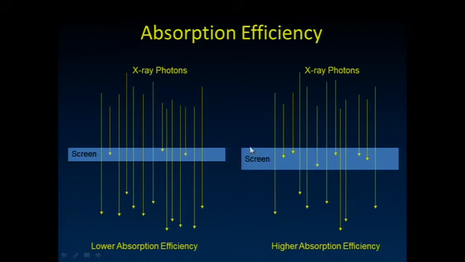The downside is there's now a thicker screen for that light to disperse in, so the light has more distance to spread out after it's generated, and so your resolution properties go down a little bit with a thicker screen. So better efficiency, but you sacrifice a little bit of resolution.